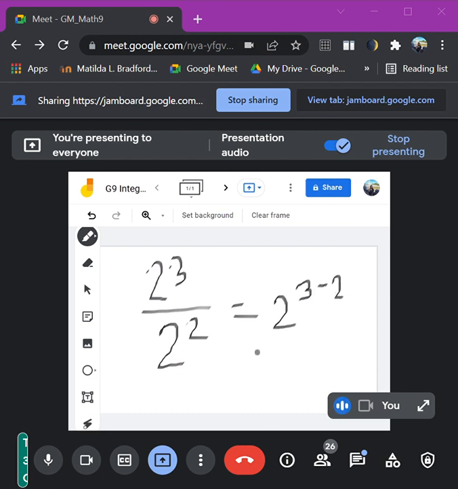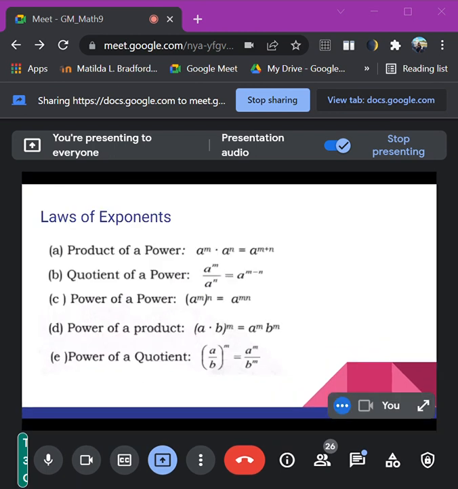So, you will simplify it. 3 minus 2, that is 1. Or you can just simply put 2. Okay, you don't need to write the 1, since the exponent is 1. So, that is quotient of a power. The base must be the same, just like in product of a power.